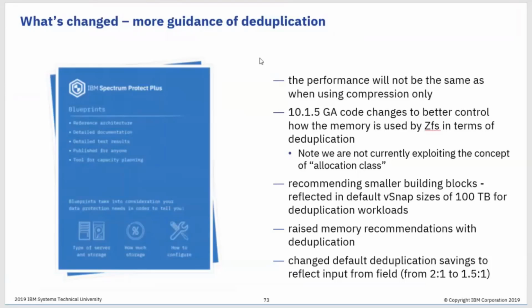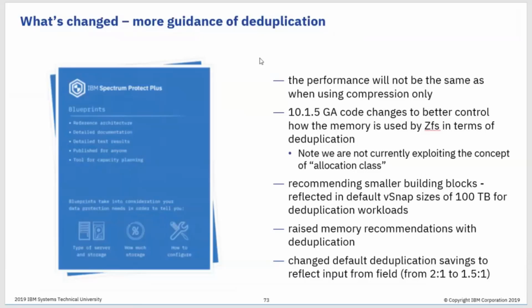From a steady state perspective, we have not found any benefit from using an allocation class, and therefore there's no recommendations to date in the blueprints about using that, because again, we don't see any value it's bringing to our steady state ingest workloads.